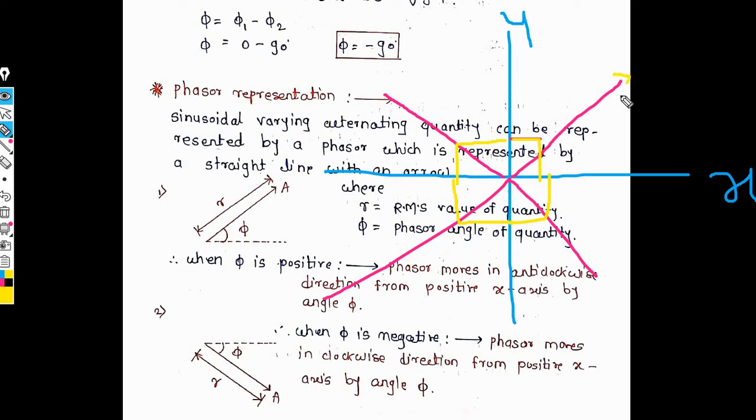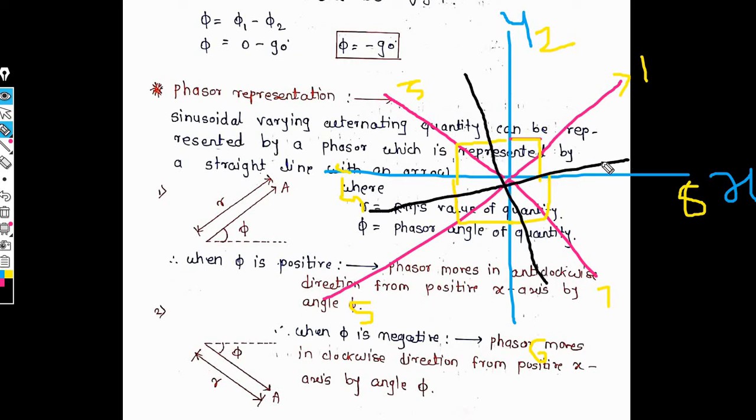Now this is the first phasor. This is second, this is third, this is 4, this is 5, this is 6, this is 7 or 8. Also, this phasor will be classified again into one or more types. These are the several phasors drawn in the form of straight lines, but we need the phase angle.